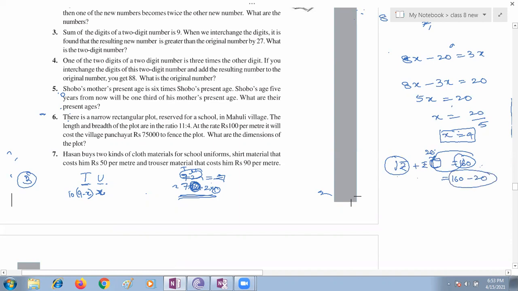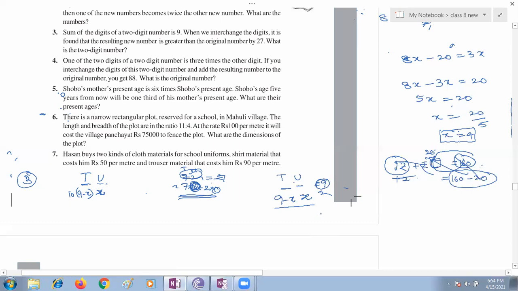Yes or no? Similarly here, they are asking about the sum of the digits, the units place digit and tens place digit. If you combine these two digits, the sum should be equal to 9. If I take this digit as x, the other digit is 9 minus x.